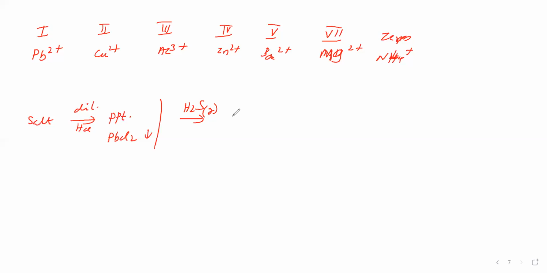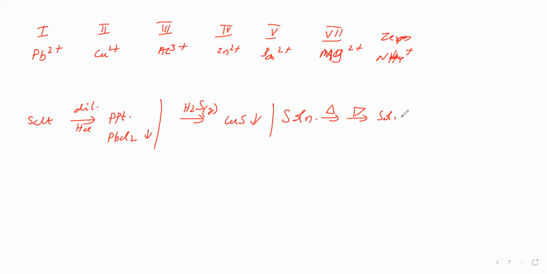If the salt contains Cu2+, you will get a black precipitate of CuS. If Cu2+ is not there, we will not get a precipitate in group 2. Then take that solution and boil it to expel the excess H2S, and then cool the contents.